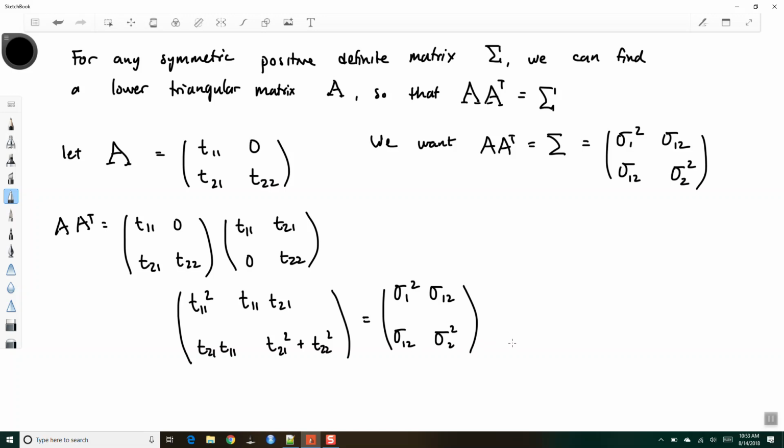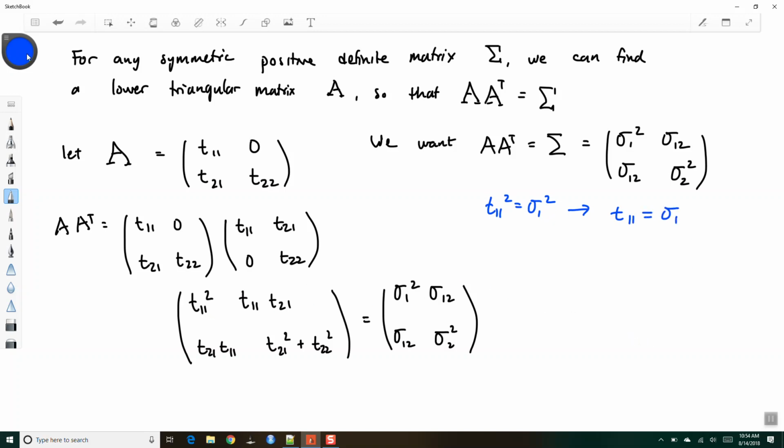But if we restrict A to be lower triangular, we can still find a solution, and it makes our answer easier. So it's just kind of a trick using the Cholesky decomposition, just so we can make our lives easier. Okay, so from this, we can then get a few equations, and we can say T11 squared is equal to sigma 1 squared, and thus that leads to T11 equal to sigma 1, all right?